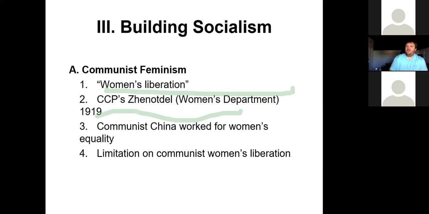There were limitations on communist women's liberation. Stalin declared the women's question, quote, solved in 1930, and said that women had gotten everything they needed. There was no direct attack in either state on male domination within the family. Women still took care of all of the housework and childcare, as well as going and actually doing paid employment.